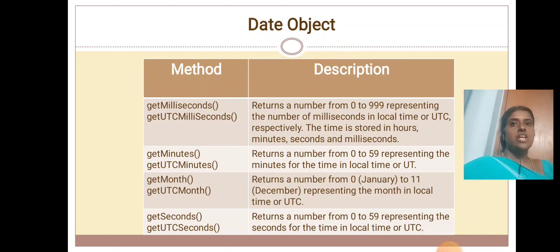Normal getMinutes will return this value as per your system timing. getUTCMinutes will return the same range, 0 to 59, but as per the UTC time. The next methods are getMonth and getUTCMonth. The getMonth method is used to return the current month, or the month set in your system.